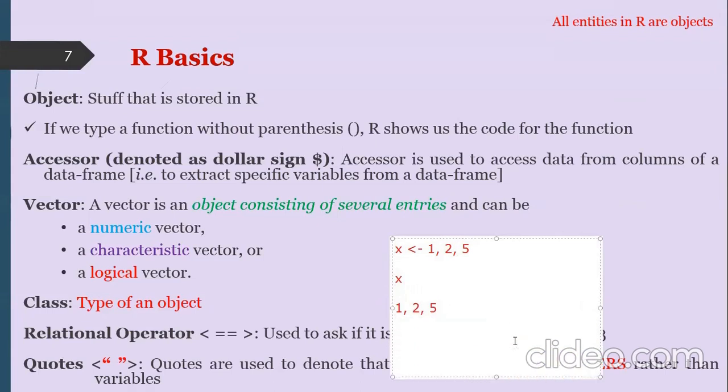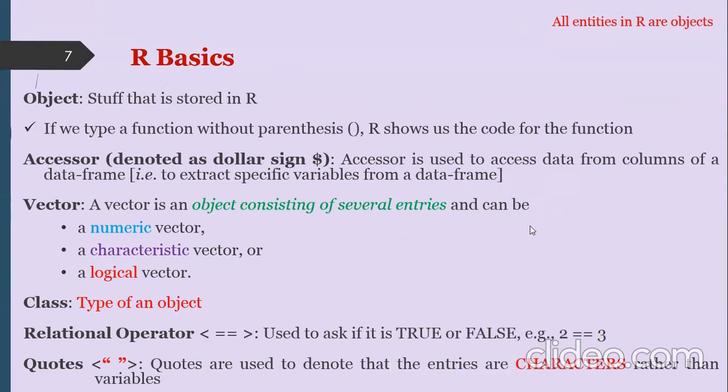But if I write x in quotes, what will it answer? It will answer x, because it is not now a variable, not a vector. It is the word x now. Am I clear or not?